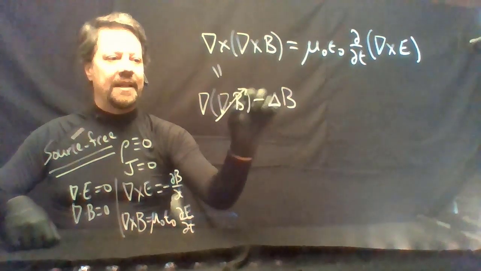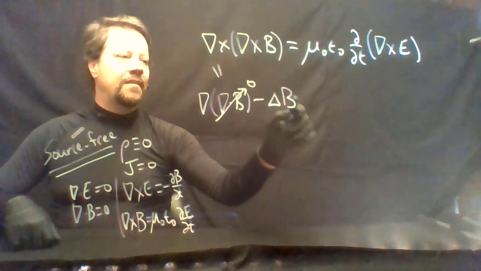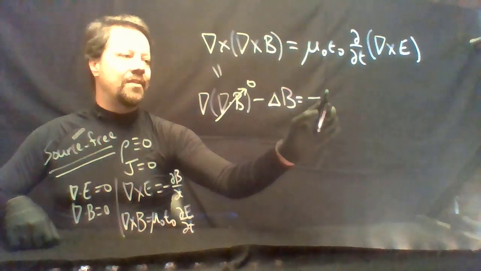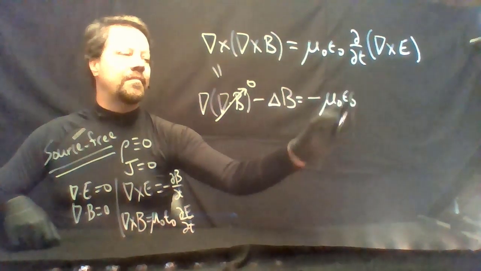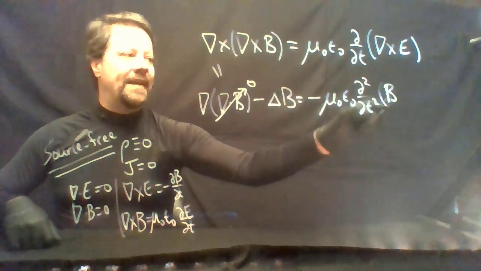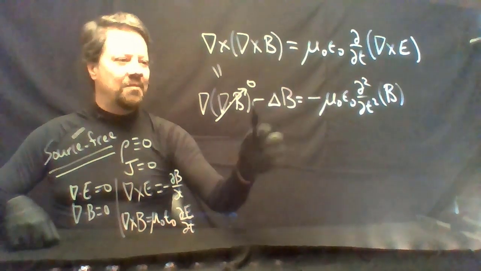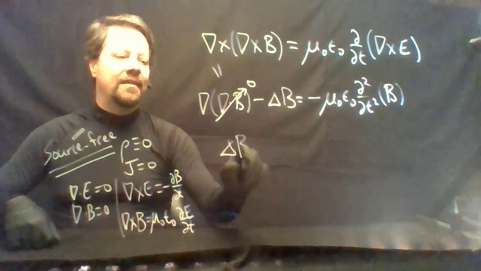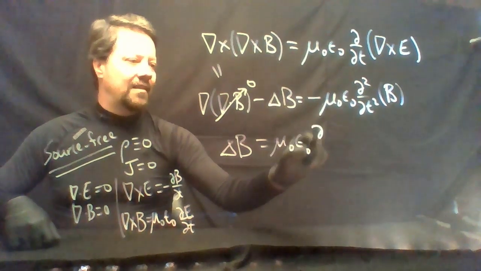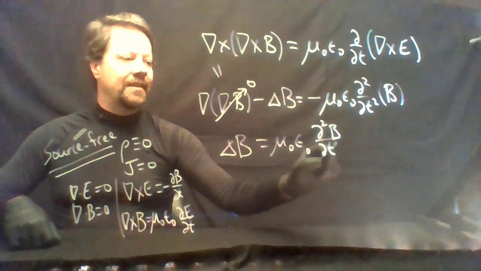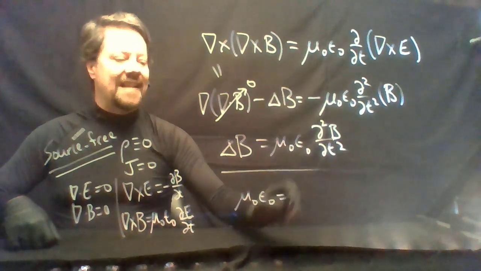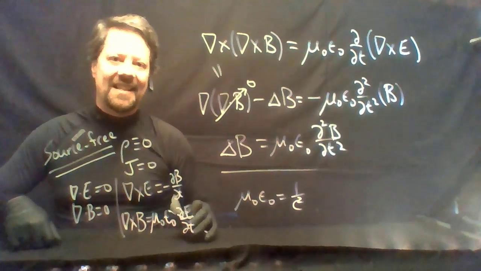But the divergence of B is, of course, 0. On the right-hand side, the curl of E is minus the derivative with respect to t of the magnetic field. Multiplying both sides by -1, we see that, again, the magnetic field also satisfies the wave equation with exactly the same wave speed as the electric field.